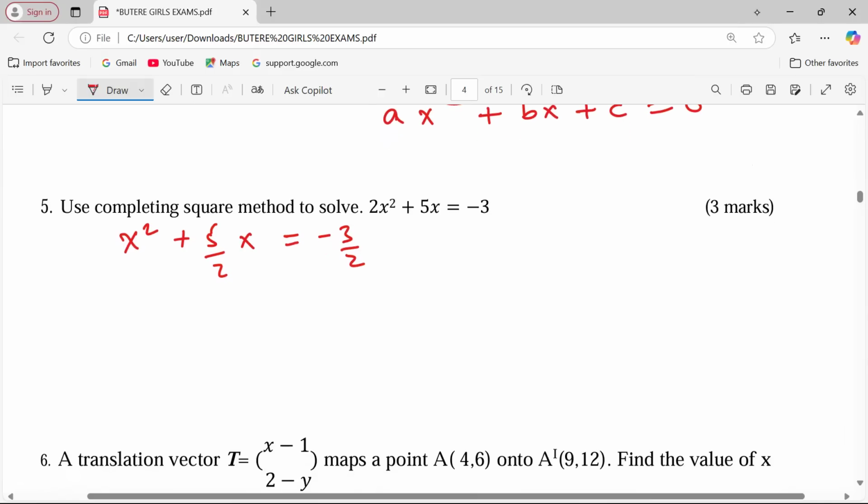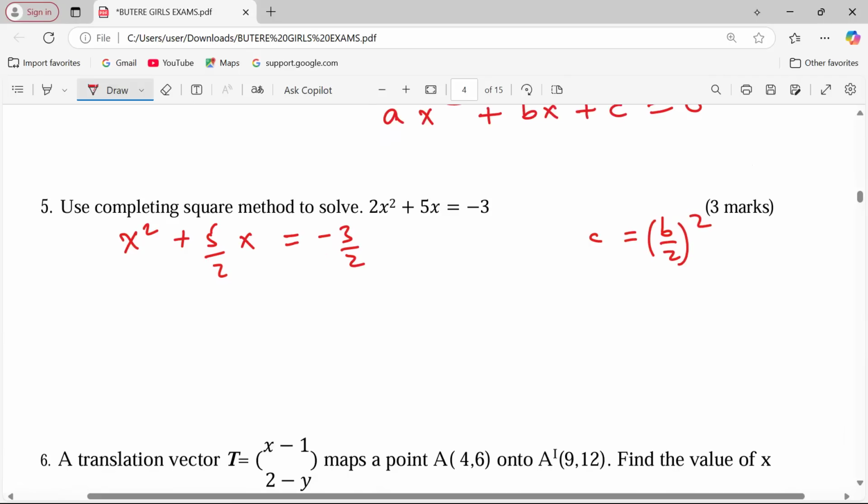What is the third step? We are supposed to make the left-hand side a perfect square by adding a certain constant. And how is the constant related to the other terms? The constant c is usually given by the value of b over 2 squared.